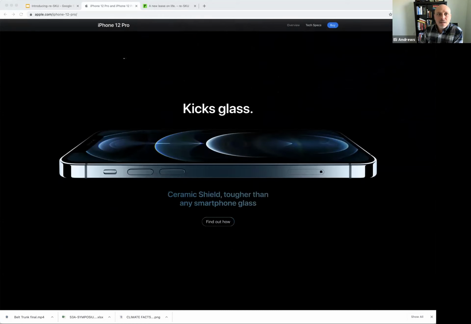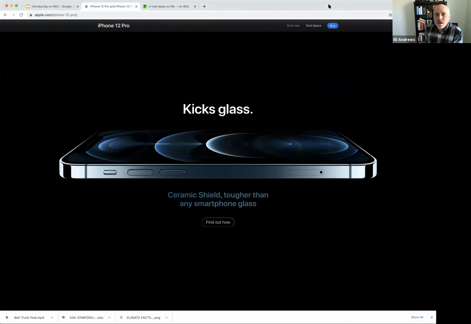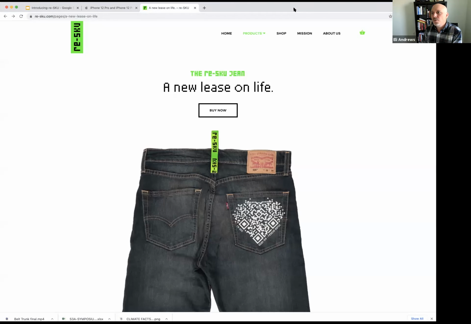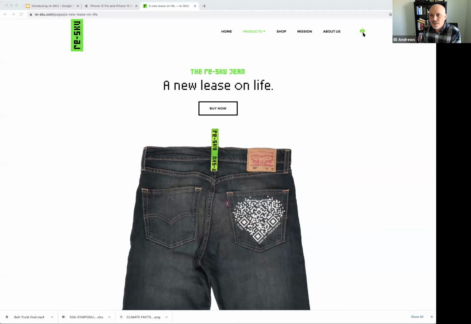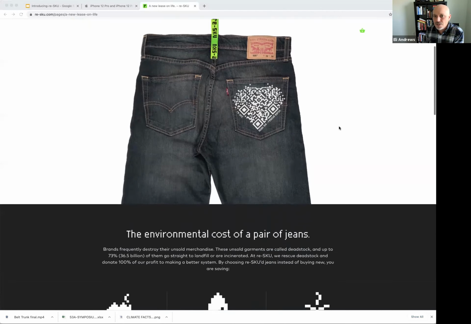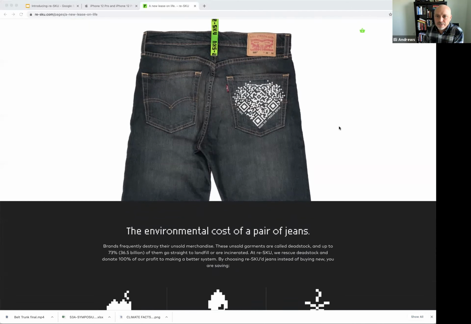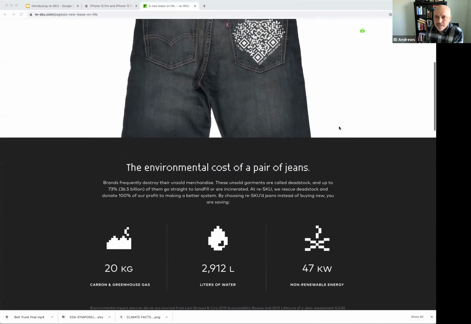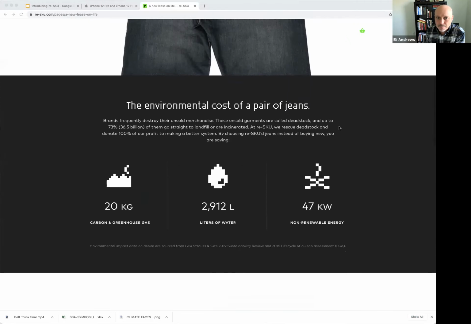And contrast that now with our re-SKU product hero page. So scrolling down re-SKU's product hero page, instead of getting to know the rivets and the buttons and the fit and the stretched denim that you might find on a traditional product hero page, re-SKU's product hero page reports on the climate facts surrounding the production of this particular pair of jeans.